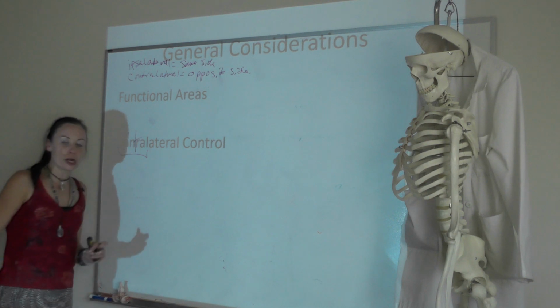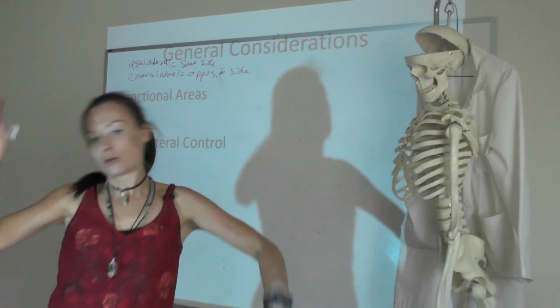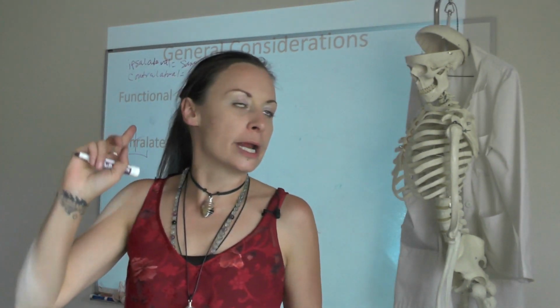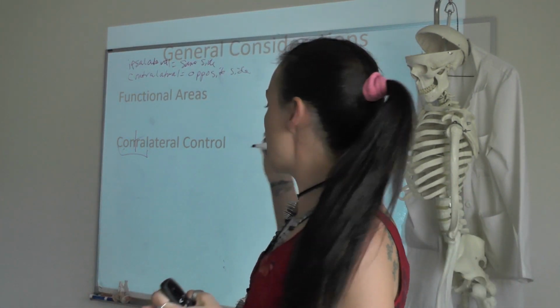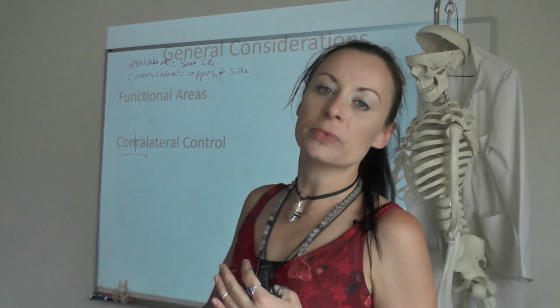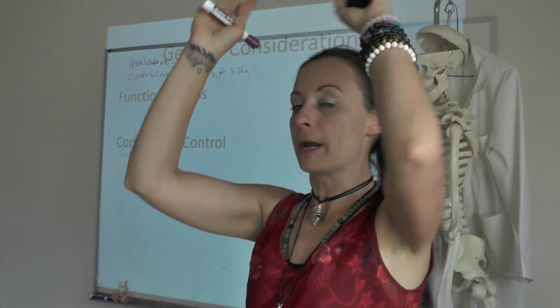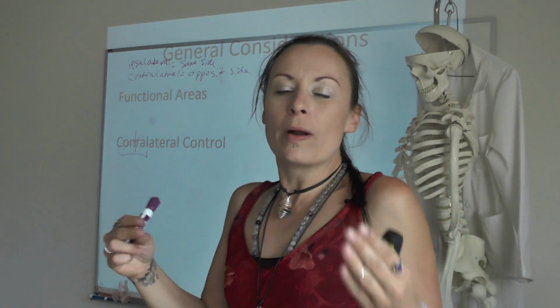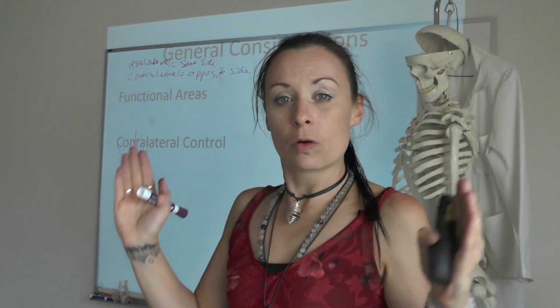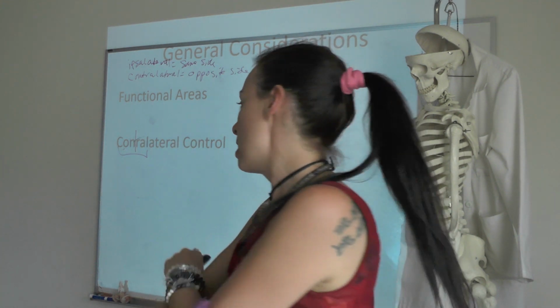And you've probably heard that the left side of your brain controls the right side of your body, and the right side of your brain controls the left side of your body. That is because of this contralateral control feature that we should consider in the cerebrum. And that is true because at some point along the information pathway, we're going to decussate, or cross over from the ipsilateral to the contralateral side.